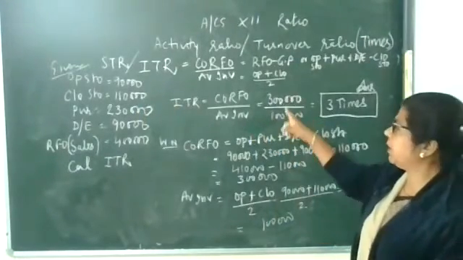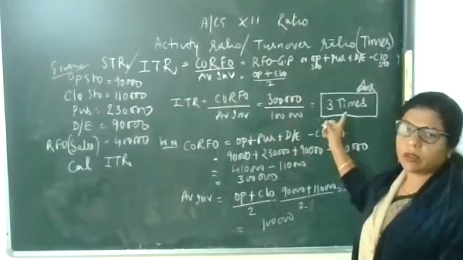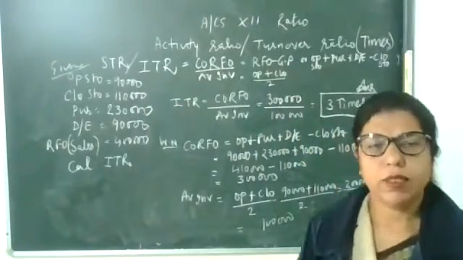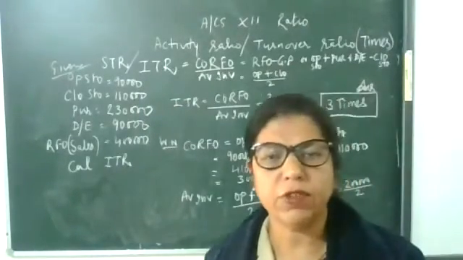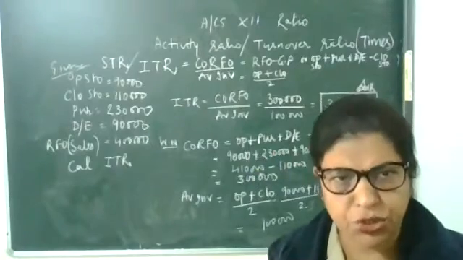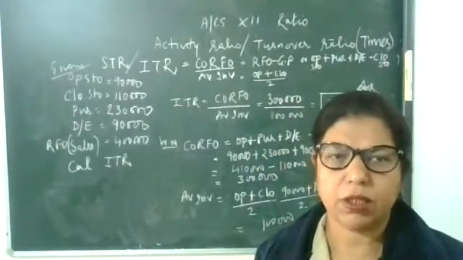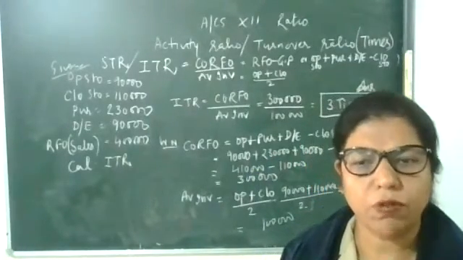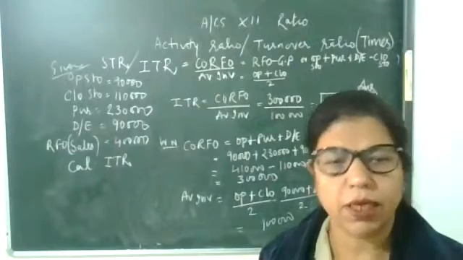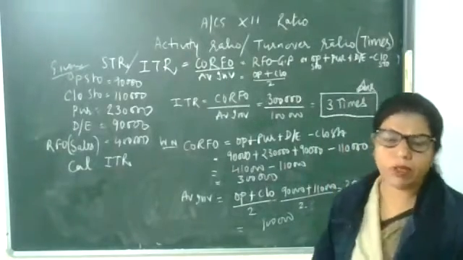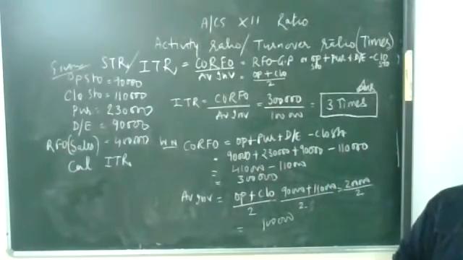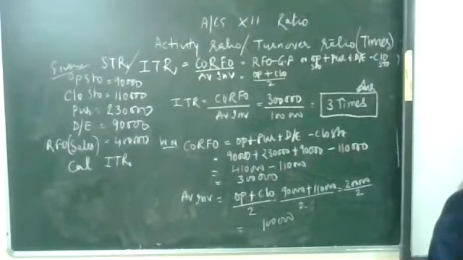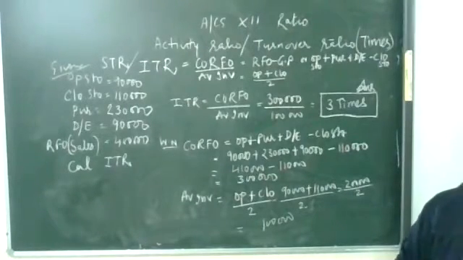We will put the 1 lakh amount here. See, never express your activity ratios in ratio form or percent. These answers will always be in times. Copy it. Note down the question.